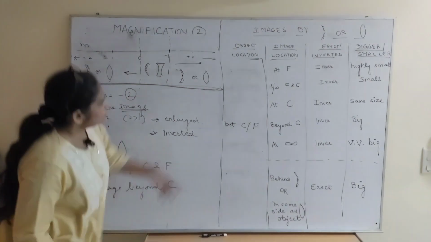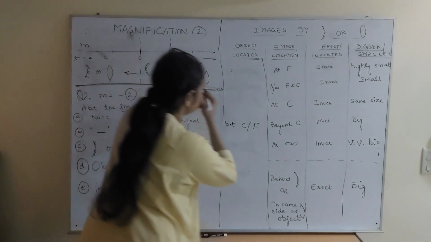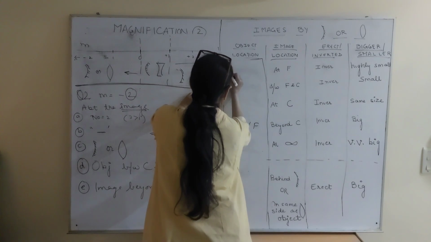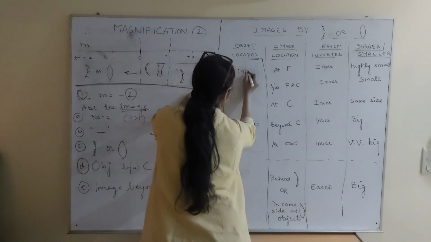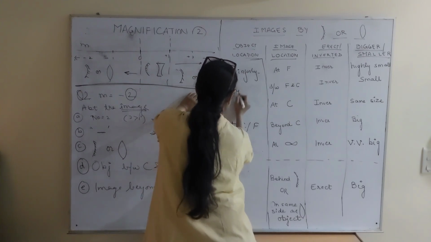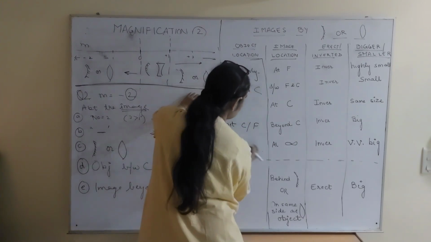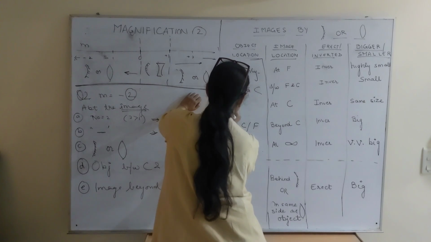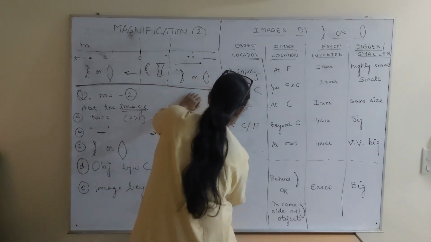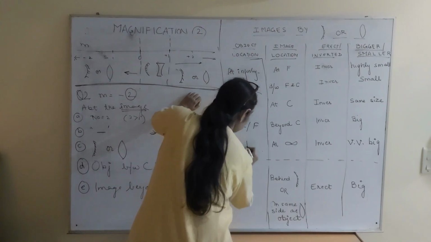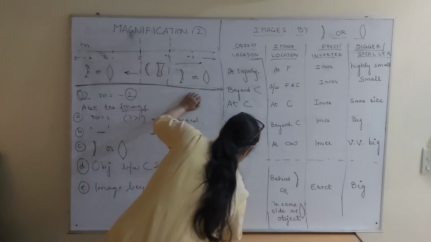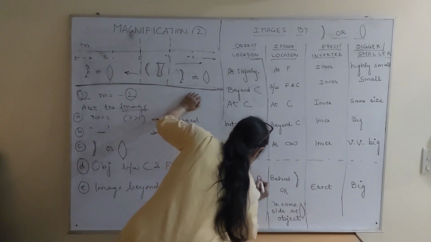Okay, while I was editing, I rubbed these off, so let me write this again. If the object is at infinity, this is if the object is beyond C. This is object at C. This is C and F. This is object at F, and this is object between F and pole.